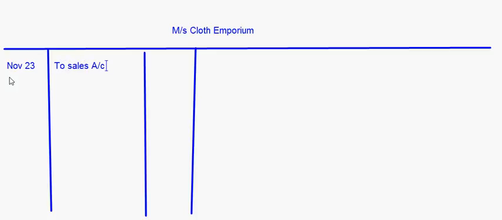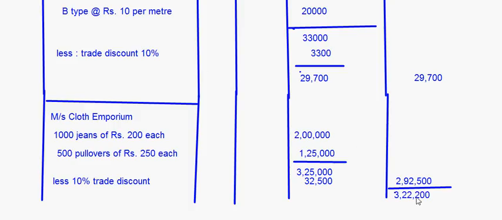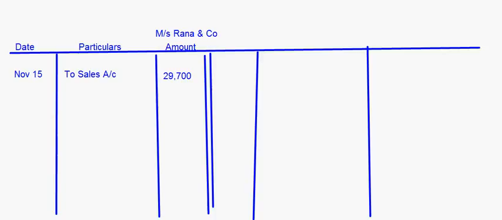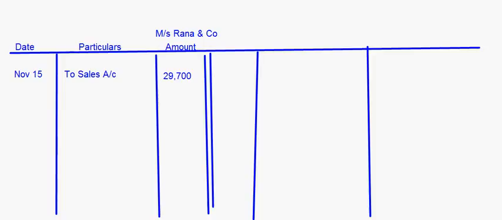To Sales Account you will have, and the total of that sales, this was 2,92,500, right? So here we had 2,92,500. So like this, the ledger postings will be done from the sales book, right?